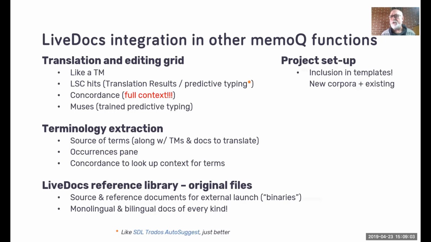Most of the time, when you hear a more intelligent discussion of LiveDocs that goes beyond alignment, people talk about how it's useful in the translation grid, where we do all of our translation and editing, and how a bilingual document that is stored in LiveDocs, or a document period, you can store monolingual documents as well, will show up, for example, in the translation results at the right side of the screen, just like information that's stored in a translation memory.